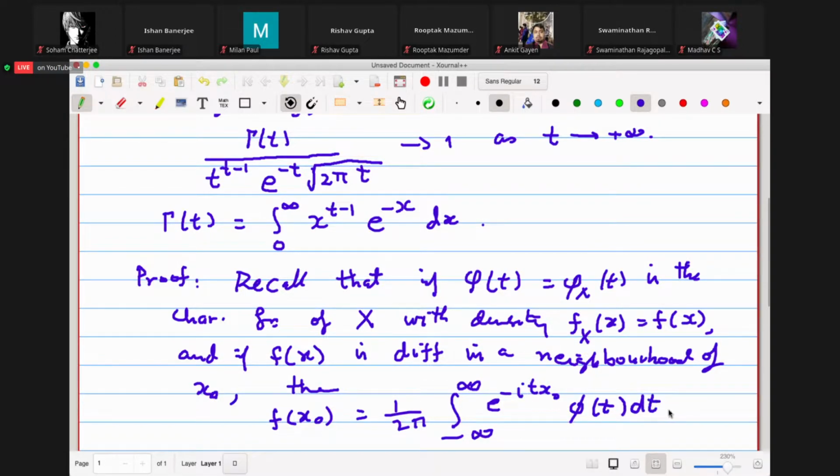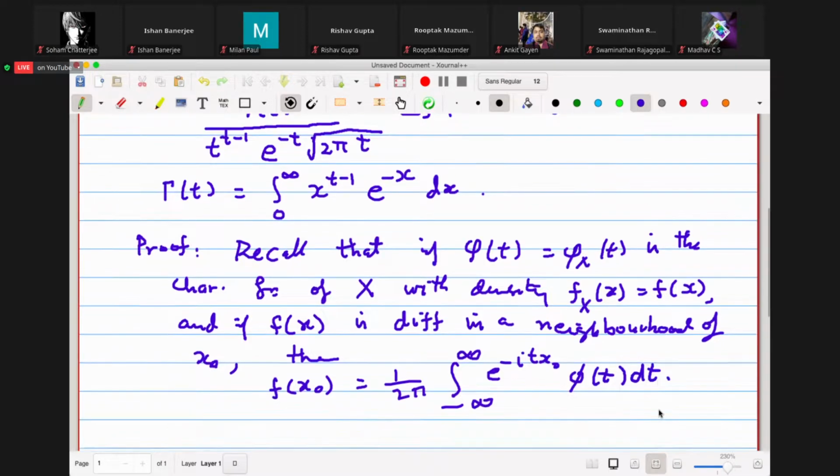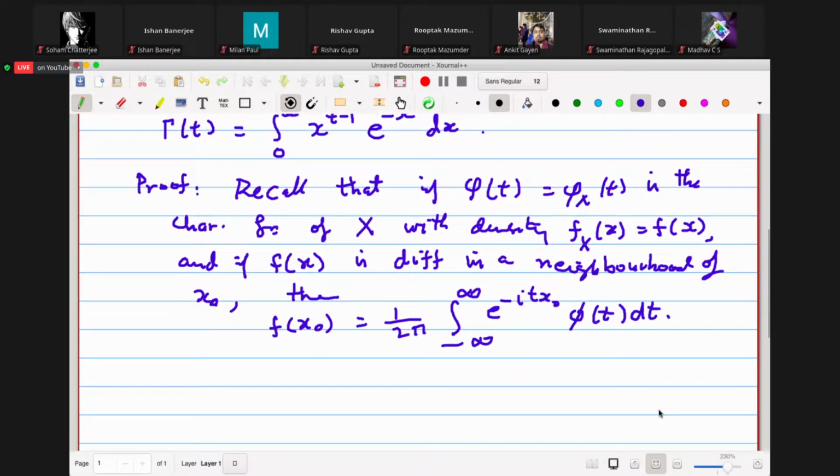Integration is with respect to t, of course. Okay, so this is what we are going to use for a suitable distribution function.